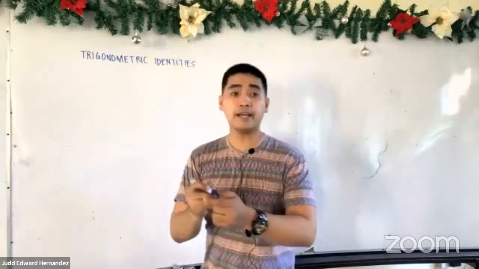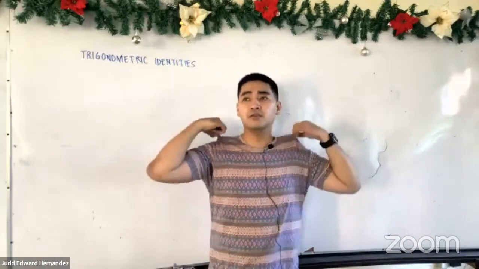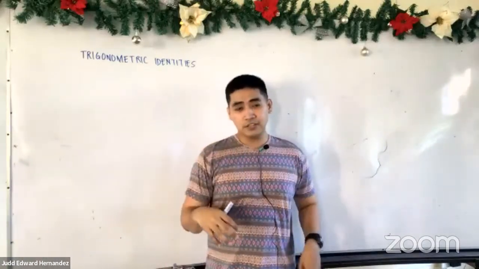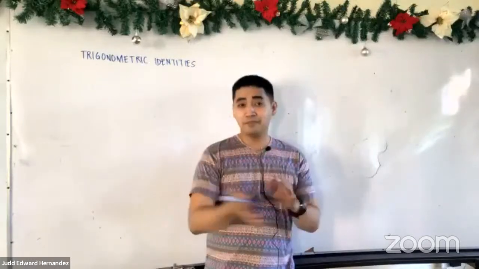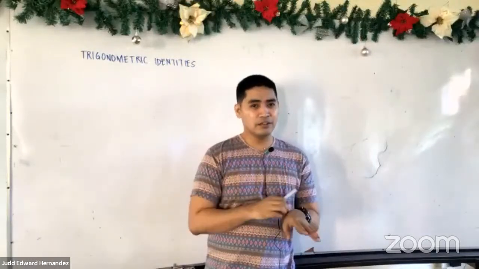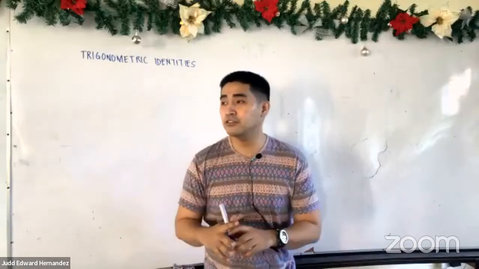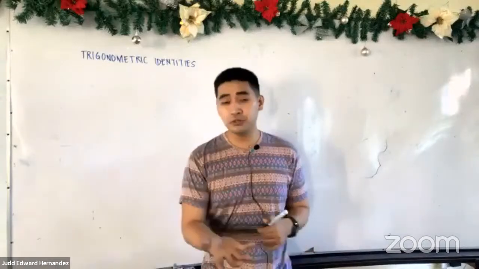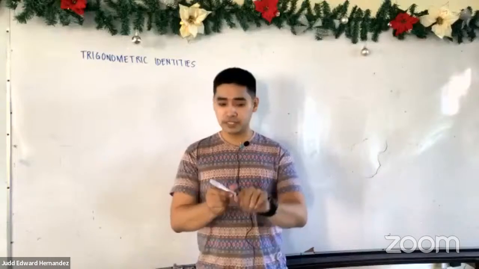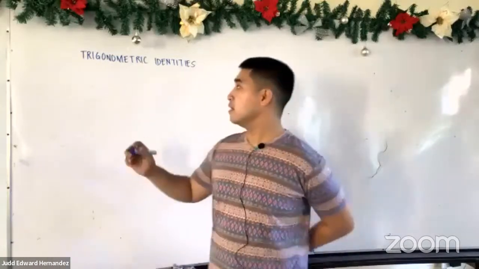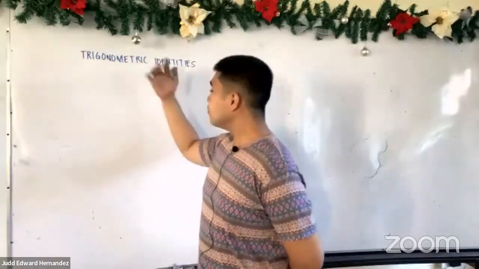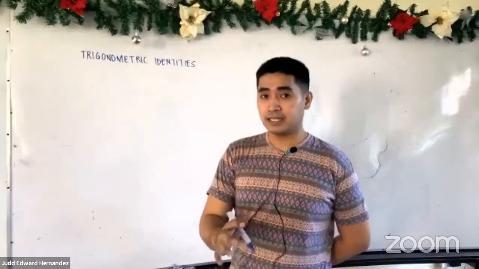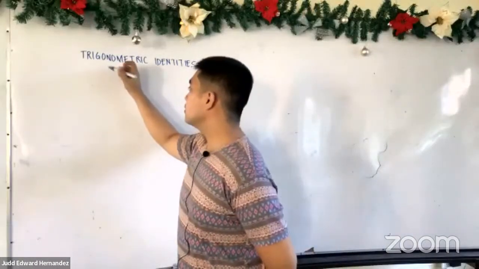So ano po ba yung pag-aaralan natin sa trigonometric identities? So na-discuss ko na sa inyo yung iba't ibang type ng trigonometric identity na meron tayo, or yung iba't ibang equation na meron yung bawat trigonometric identity. Pati yung SOHCAHTOA na-discuss ko na sa inyo, pero isa-isahin na lang natin siya ulit. So we have the basic trigonometric identity.